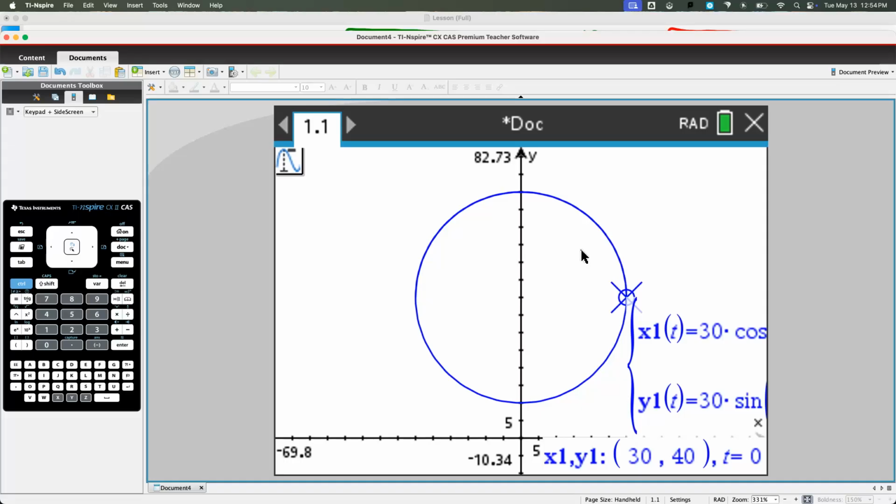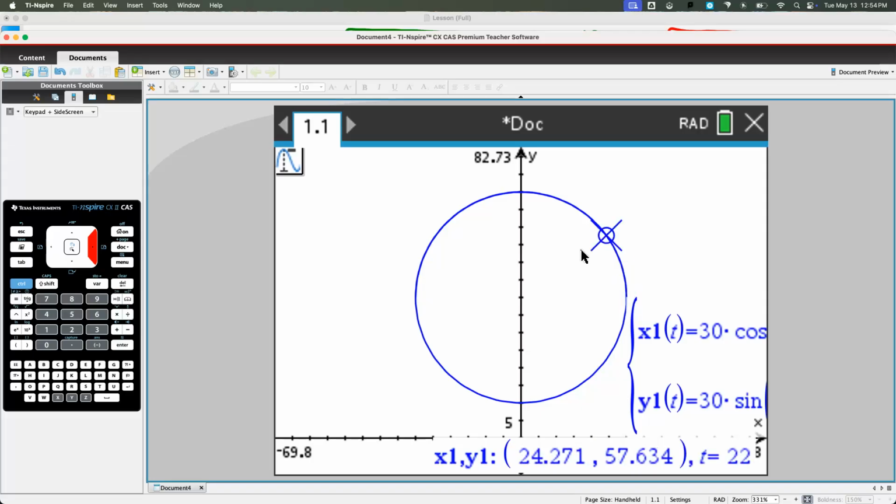And then each second, after 5 seconds, we should be at the top, 70 feet off the ground. 15 seconds, we're at the bottom. We're 10 feet off the ground, and we're moving in a counterclockwise manner.